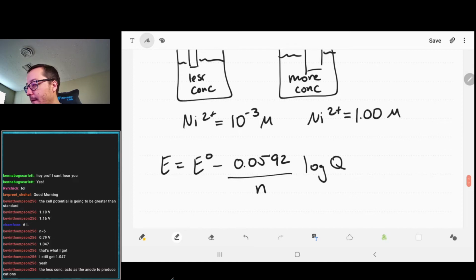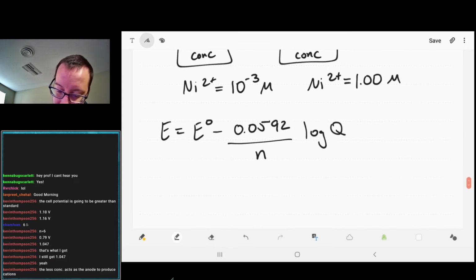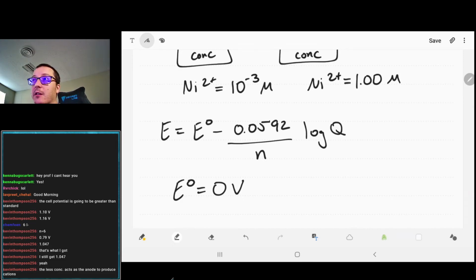So with this, hopefully we can see that under standard conditions we would get no potential with this, obviously because we have the same reaction oxidizing and reducing itself. So we're not going to have any voltage from standard conditions, but these are not standard conditions, are they? So we can actually get a voltage out of this. So we're going to see that.